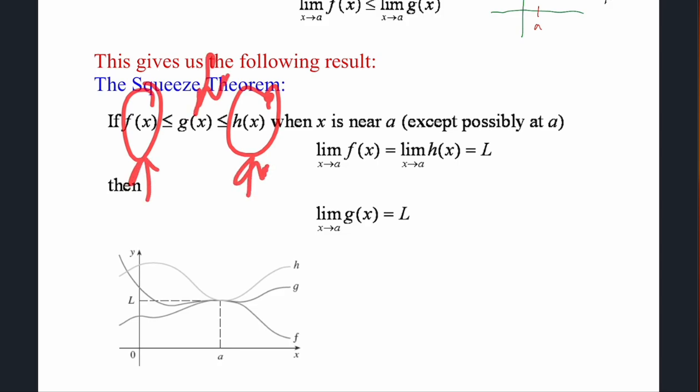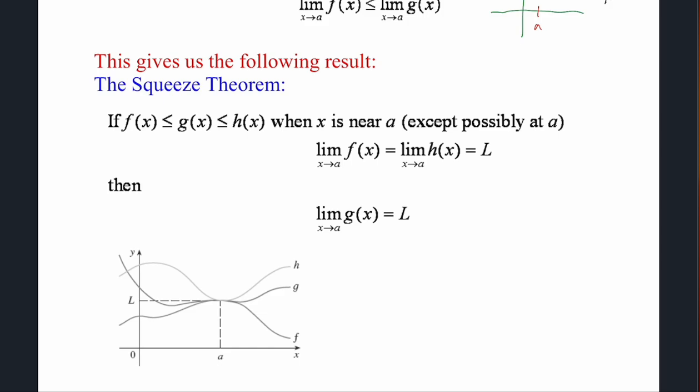Then we're forced to know that the limit at that spot is also 5 there. So it's just a way for us to take a complicated function where we don't know the limit, and we can use two functions that we do know the limit of to help us. That's all that means, okay?